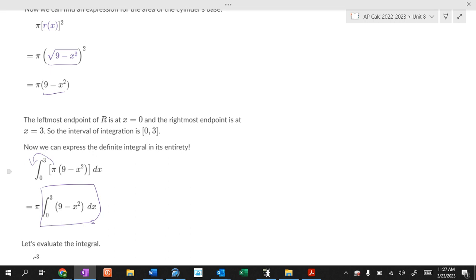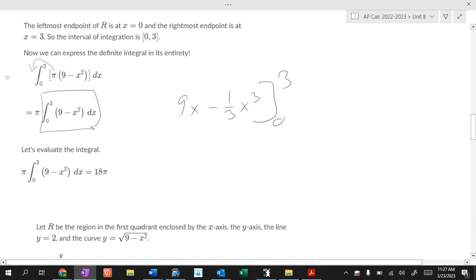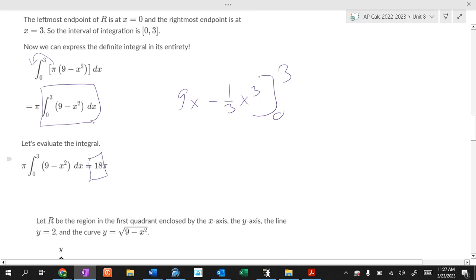If this is on the non-calculator section of the AP test, you have to do it yourself: 9x minus 1/3 x cubed from 0 to 3, plug in the 3, plug in the 0, and solve. On the calculator version, it spits out 18, and you put the pi behind it, and you get 18 pi. We good with that?